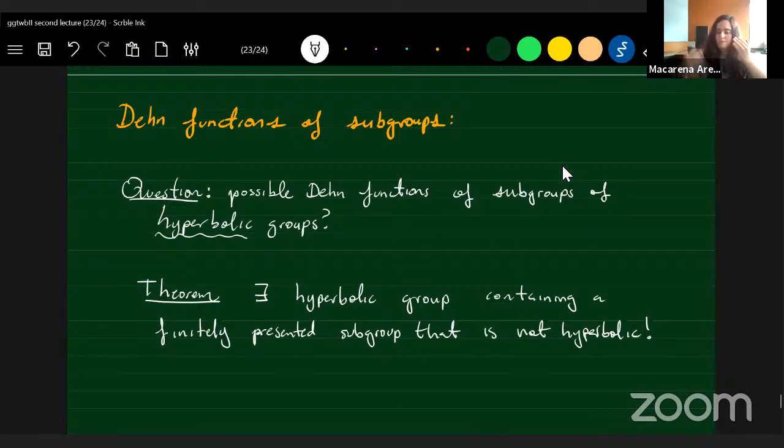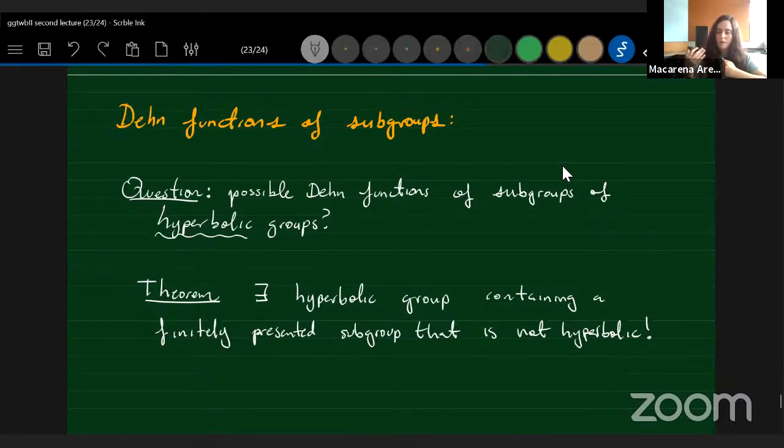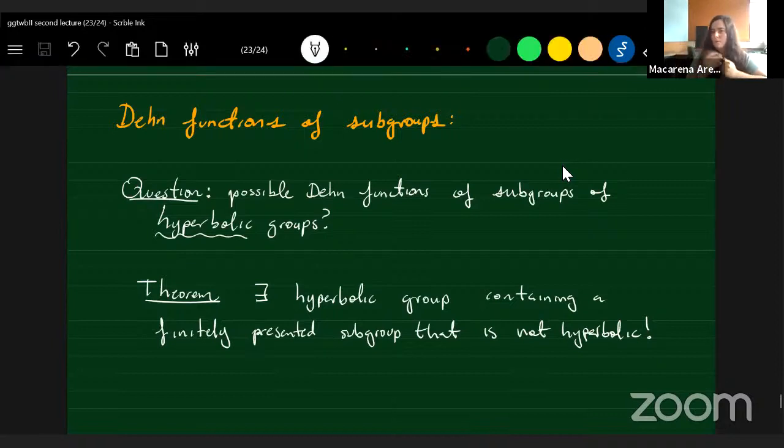If all the subgroups of hyperbolic groups were hyperbolic, then the subgroups would all have linear Dehn functions. Now, we know that this is not true because a hyperbolic group contains infinitely generated groups, but that doesn't count. We want subgroups that are finitely represented. We want subgroups for which the Dehn function is defined.